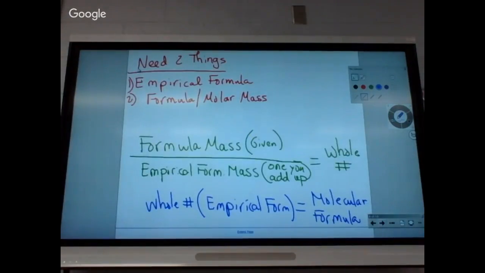So all we're doing is basically taking two masses, dividing them, and we get a whole number. And then we take the whole number and multiply it by the formula to get the molecular formula.